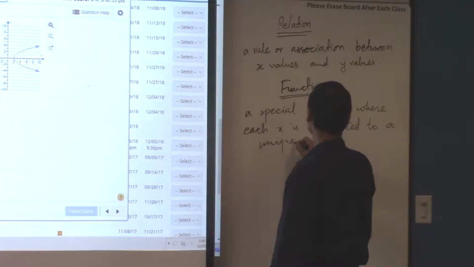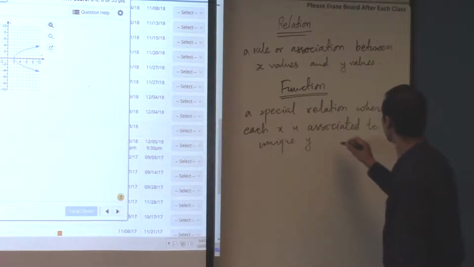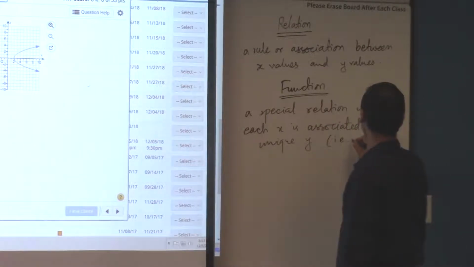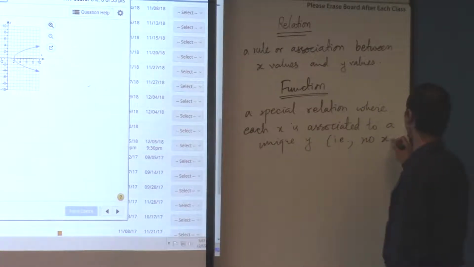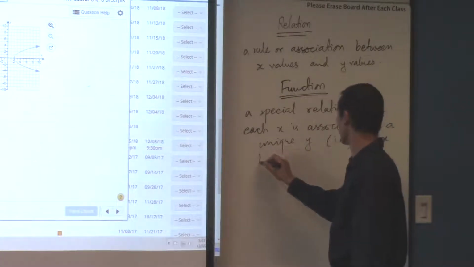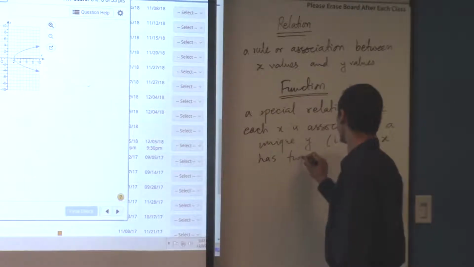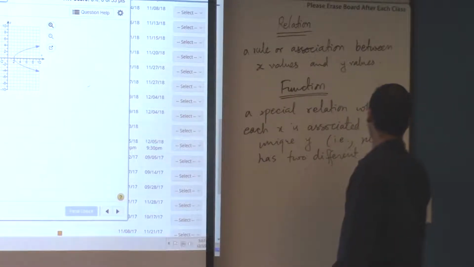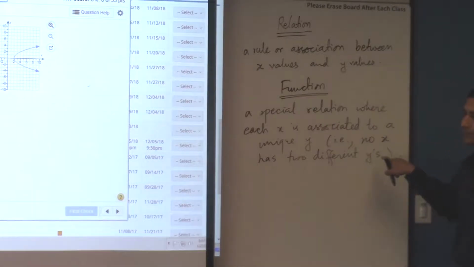Or in other words, no x has two different y's. If this additional criterion is satisfied, then a relation is called a function.